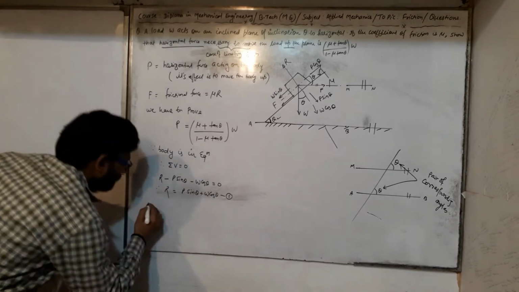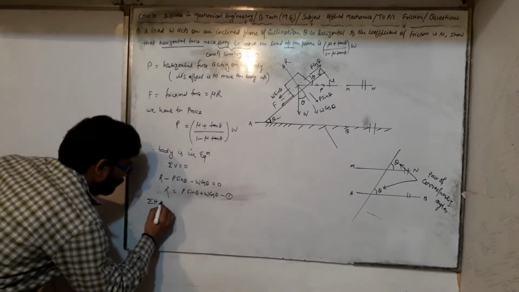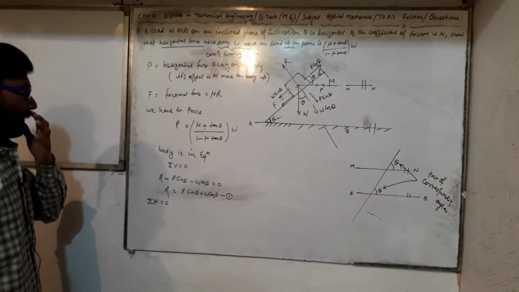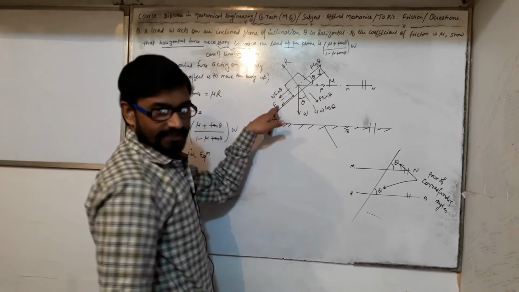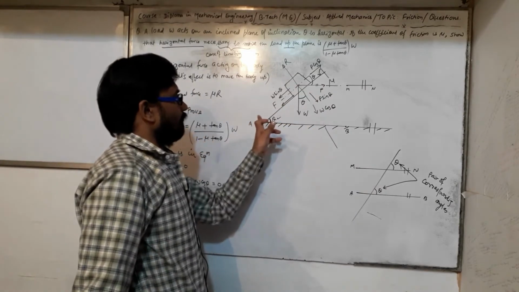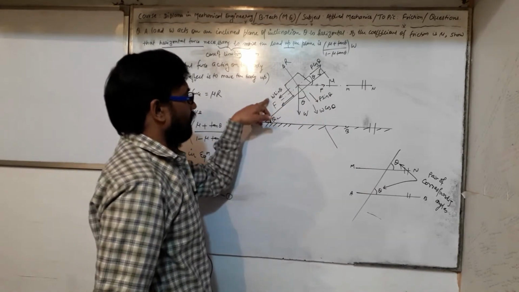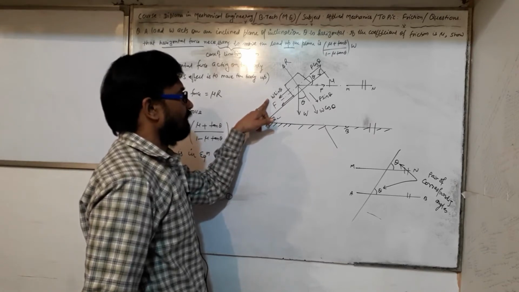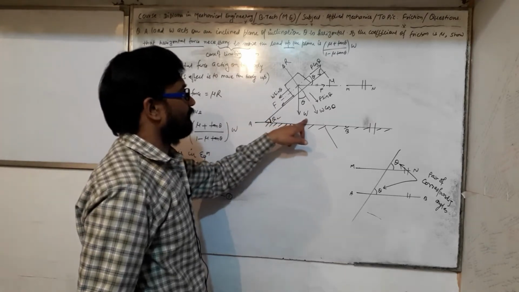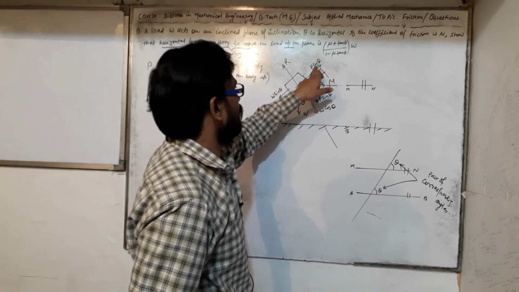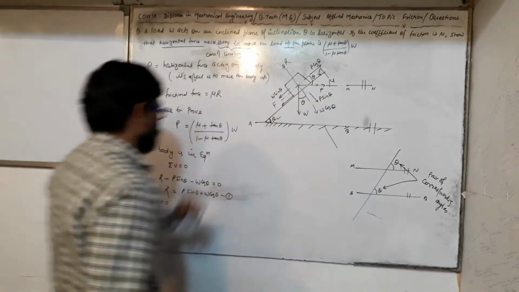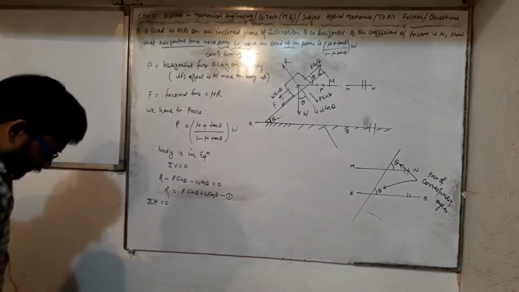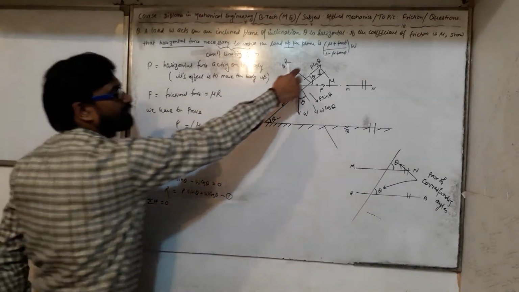Now, again the summation of horizontal forces is equal to 0. So horizontally one force is F, the frictional force, acting in the downward direction on the inclined plane. One more force is W sin theta, which is nothing but the component of W. Another is P cos theta, which is the component of the force P applied horizontally. So three forces.